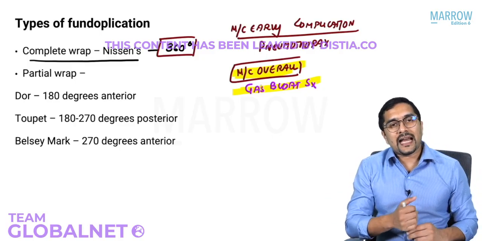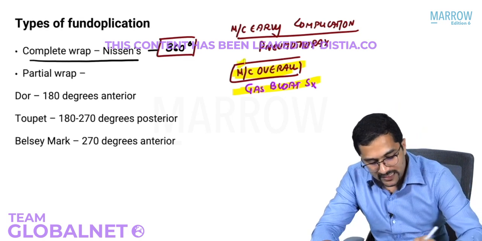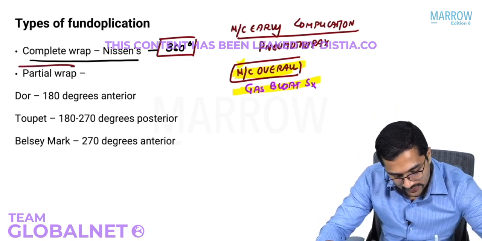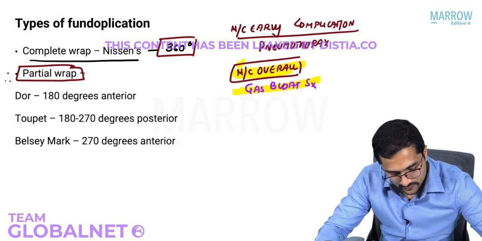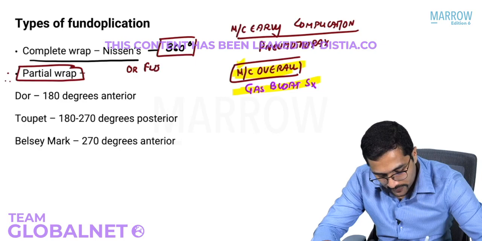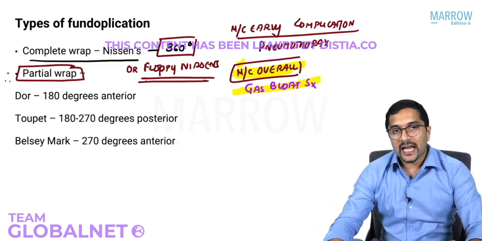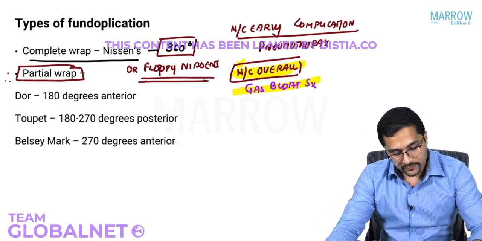That is known as gas bloat syndrome. Because of this, we carry out partial wraps, or we do a floppy, loose Nissen's fundoplication so that gas bloat syndrome doesn't develop.